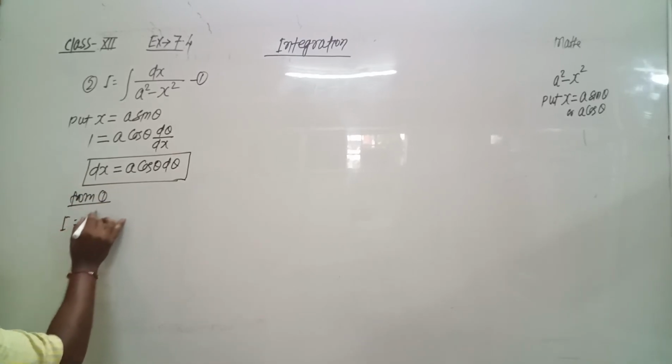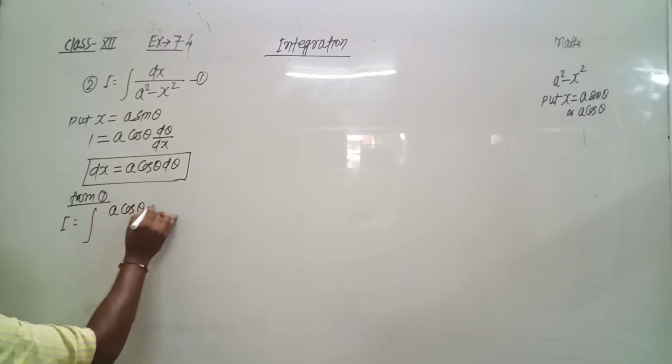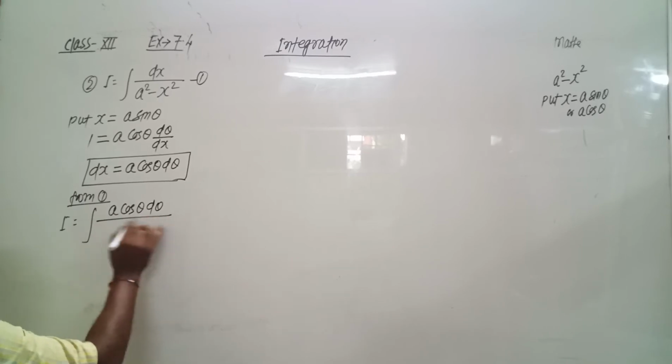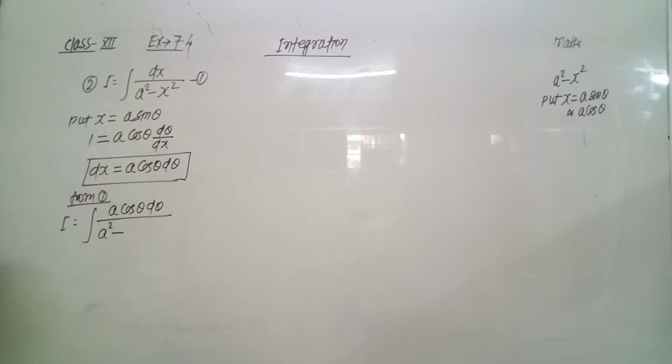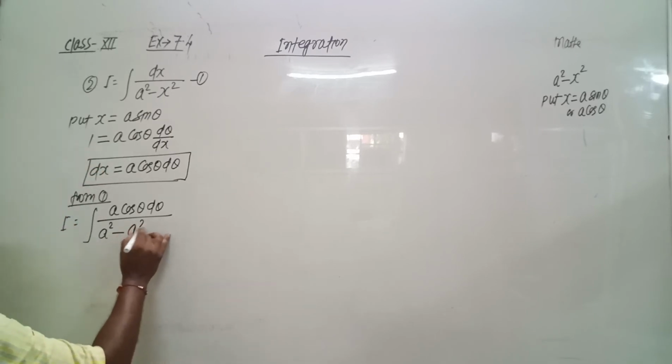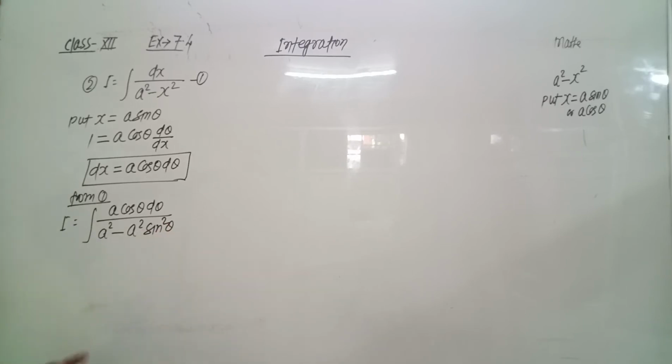Now from the first, I equals the integration of dx, written as a cos theta d theta, upon a square minus x square. At the place of x there is a sin theta, so x square is written as a square sin square theta.